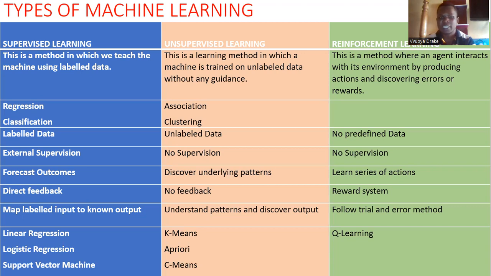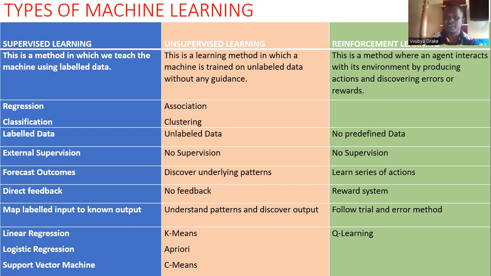Unsupervised learning is a learning method in which a machine is trained on unlabeled data without any guidance. The data is not labeled, we just give it, and then it makes clusters.